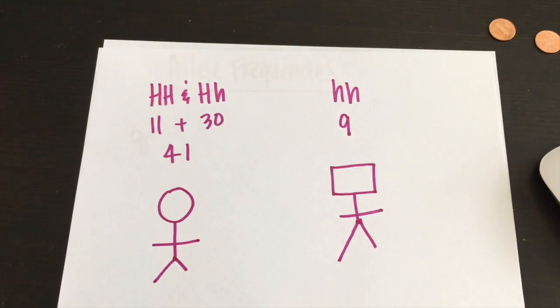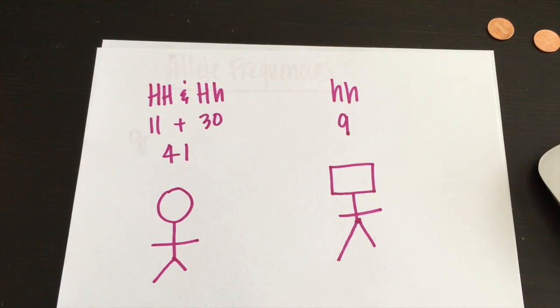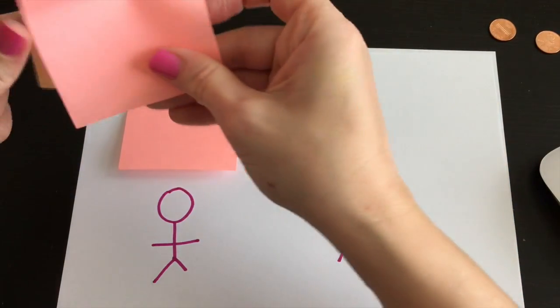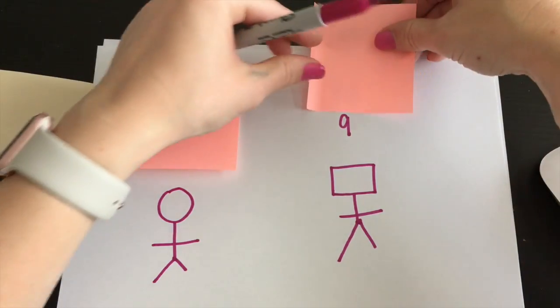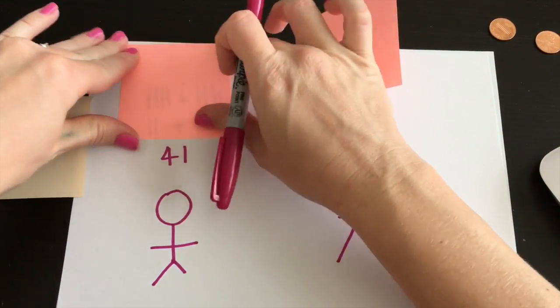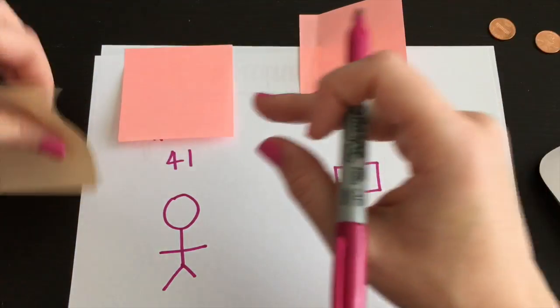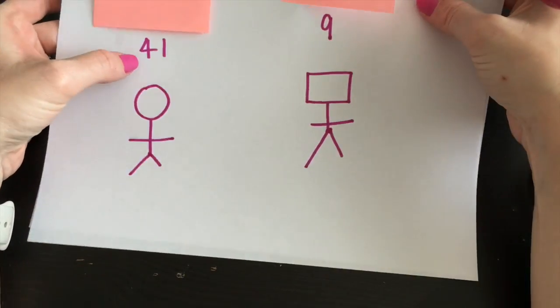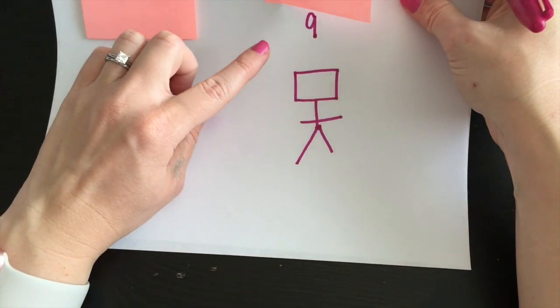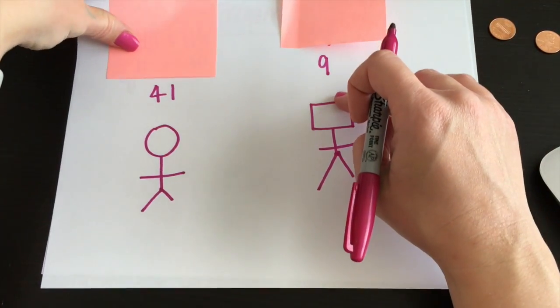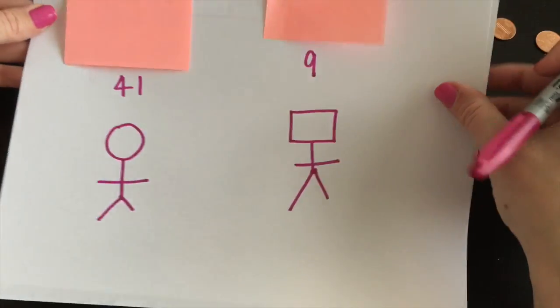Okay, I'm going to actually cover it up with a Post-it just so we can't look at it anymore. Doesn't really truly cover it up, but let's pretend it does. All right, what we know is this. We are looking at a population of 50, and we know that 41 of them have a round head and 9 of them have a square head. So let's start. Those 9 we know are homozygous recessive.